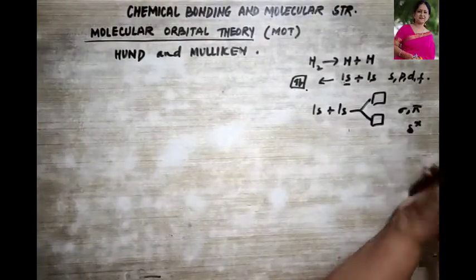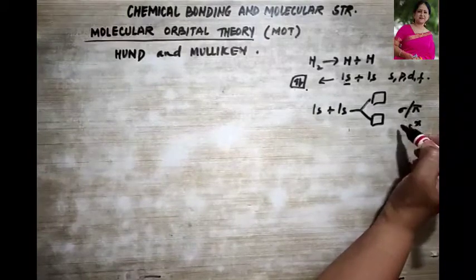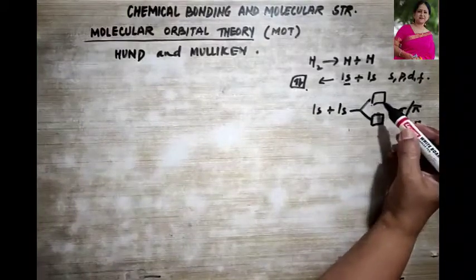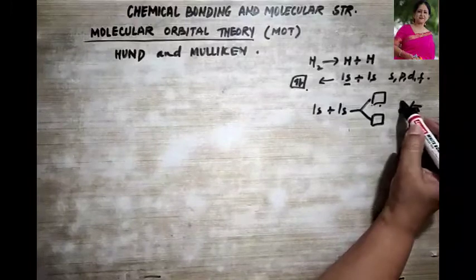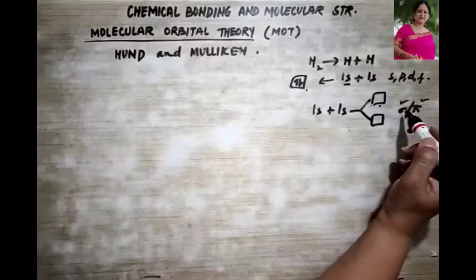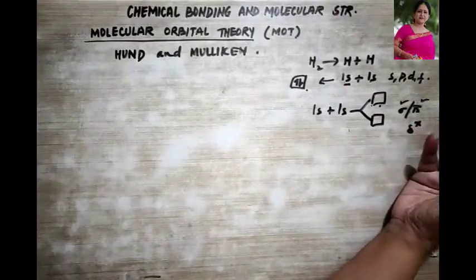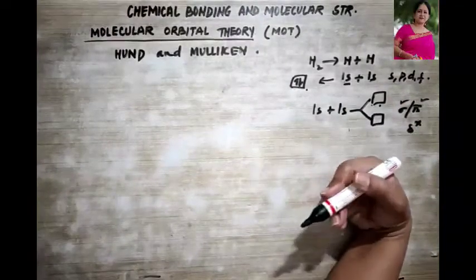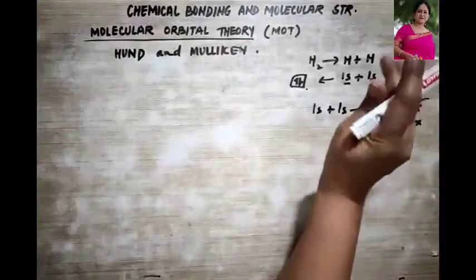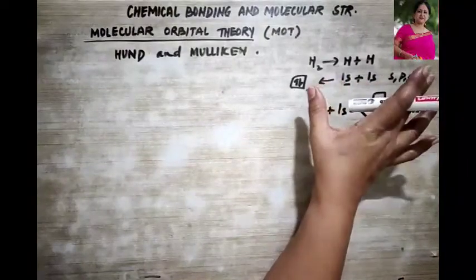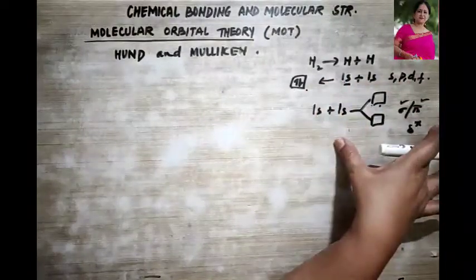Gamma is not used; when we are talking about molecular orbitals, we are talking in terms of sigma and pi. When we use sigma and when we use pi, I will explain after a little while. I hope the difference between atomic orbital and molecular orbital is very clear.